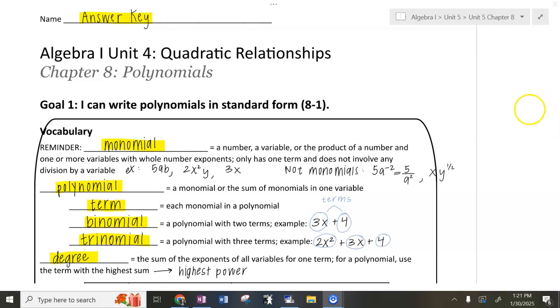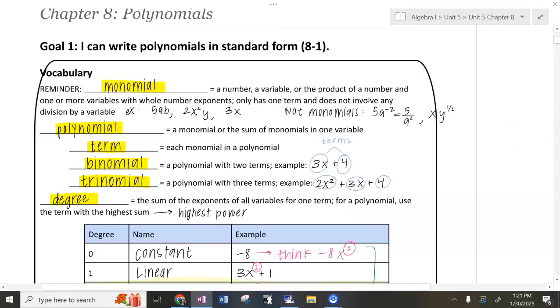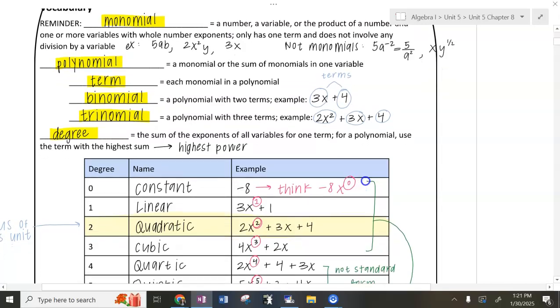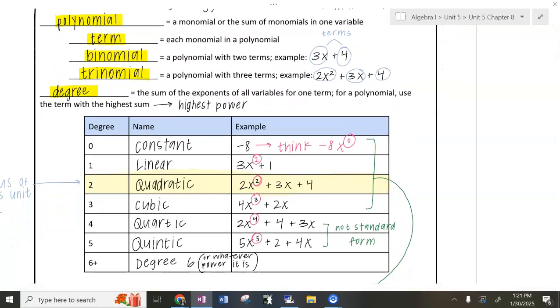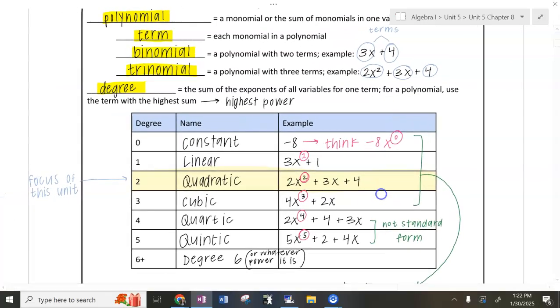In order to figure out the degree of a polynomial, that's when you look at the sum of the exponents of all the variables for one term. So for a polynomial, it's only going to be one variable, so you're just going to look at the highest power. Depending on what the highest power is or what the degree is, that's going to give you a special name for the polynomial.